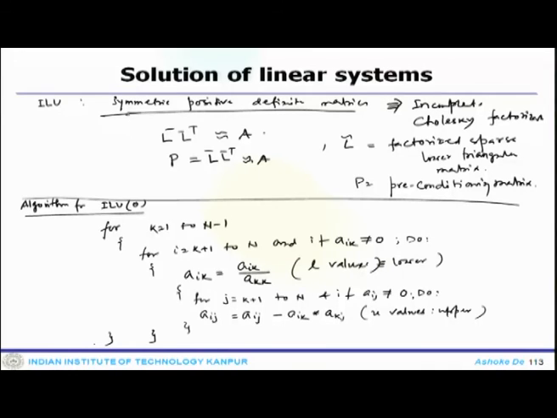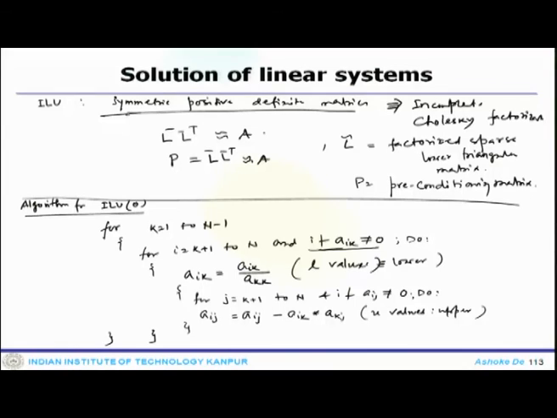So, what essentially you do, you go from this loop k equals 1 to n minus 1, then in the second loop you check this criteria. This is a very important criteria. If this is not satisfied, even then you go over this loop. So, you are going over the loop, but checking this criteria.